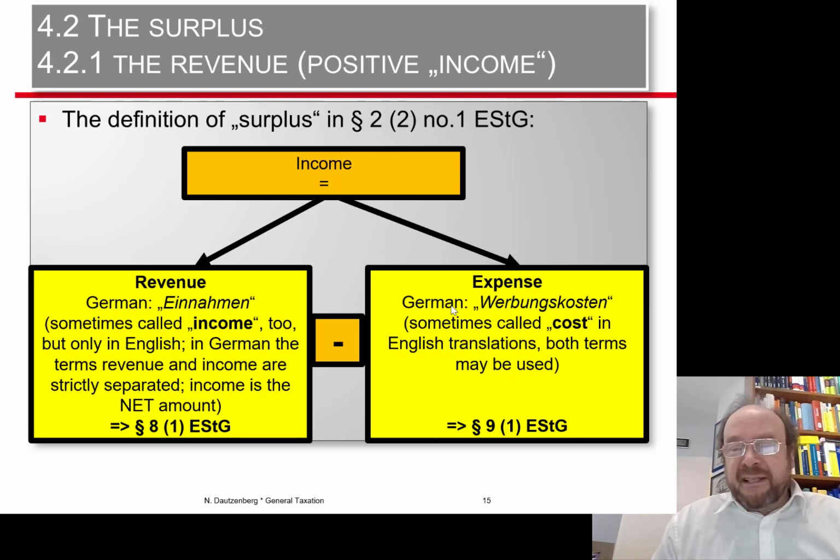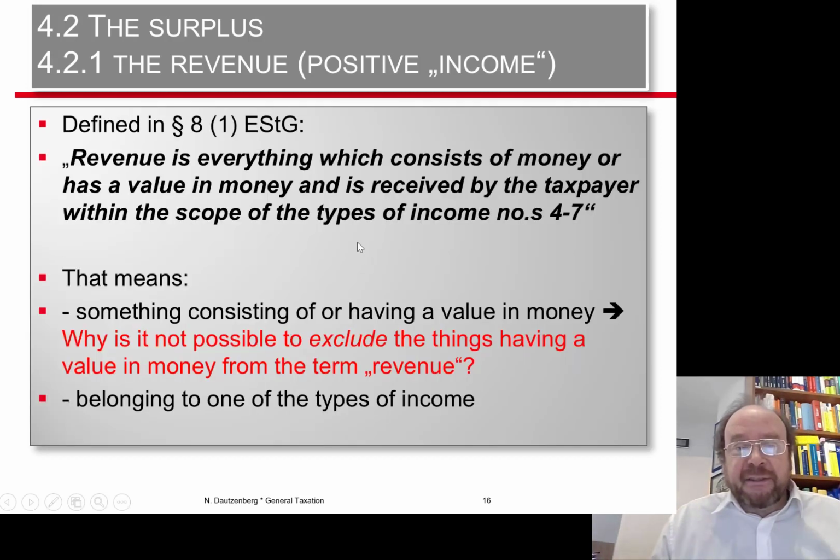The German words Einnahmen and Werbungskosten are relatively old-fashioned, at least in the case of Werbungskosten, but the advantage is both parts of the definition, revenue and expense, are explicitly defined in sections, or paragraphs, of the ESTG, namely in paragraph 8 and 9 ESTG.